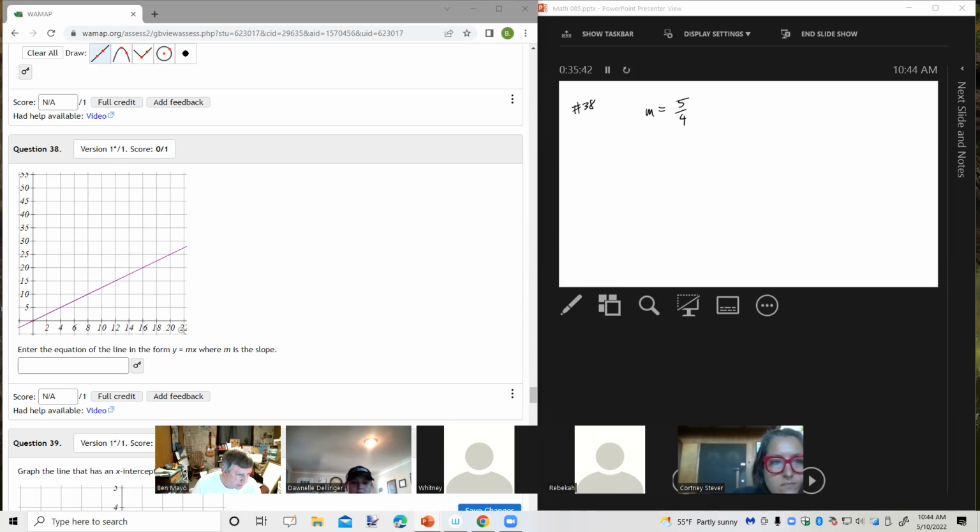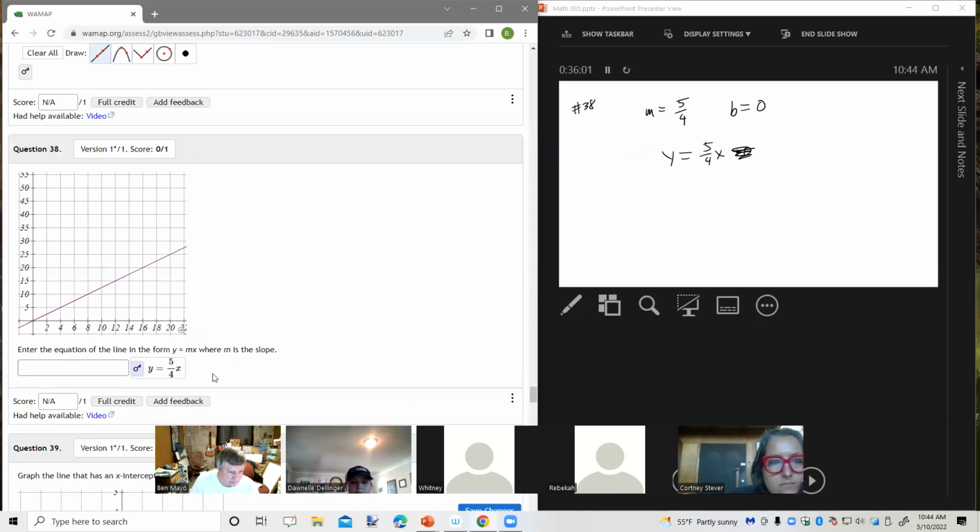Everybody okay with that? And where's the y-intercept? At the origin. So the y-intercept is when the y value is 0. So your equation is going to be y equals 5/4 x plus 0, but you wouldn't write the plus 0. You just write y equals 5/4 x, which is what is right there. All righty.